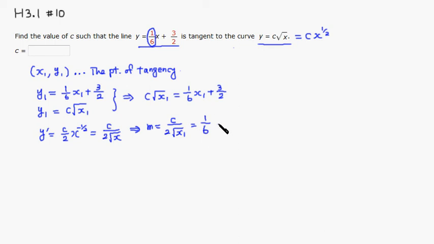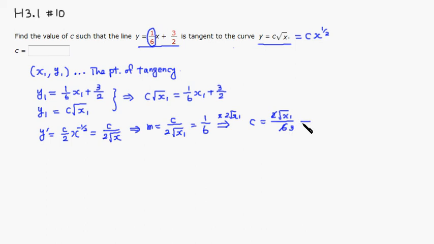Let's multiply both sides by 2 square root of x1 to get c is equal to 2 square root of x1 over 6. You cancel 2's, and 2 and 6, we have 3.